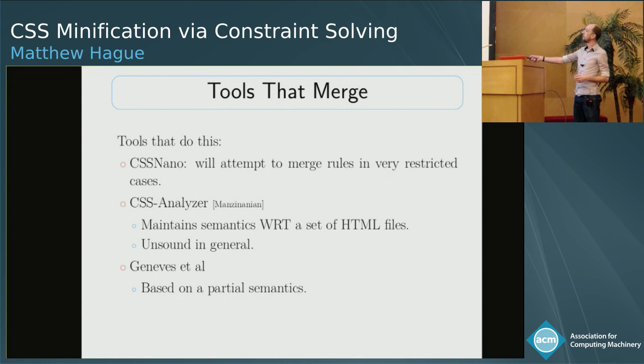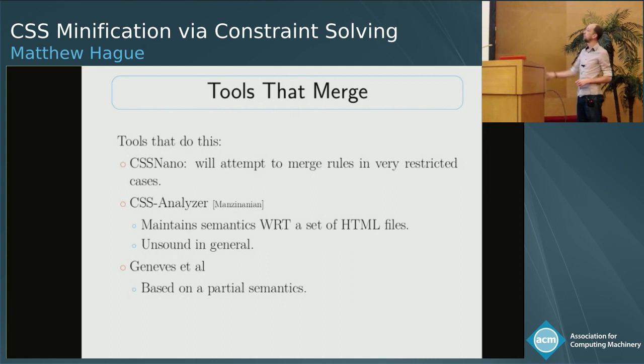So the main people who try and do this are more research-based. There's Manzunanian, I think, who has a tool called CSS Analyzer, and he does this kind of merging, but he only guarantees that he won't break your style sheet as long as you tell him exactly which trees you want to maintain the correctness with respect to. As I mentioned, this can be impossible to know because of the scripting component. So this is unsound in general.